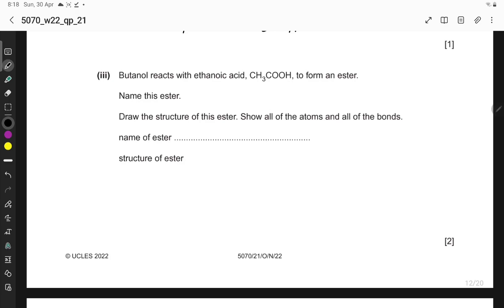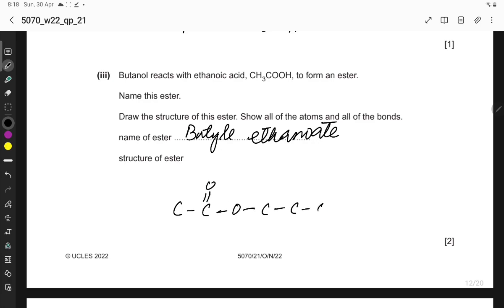Name this ester: butyl ethanoate, and the structure is this. This is the structure of butyl ethanoate.